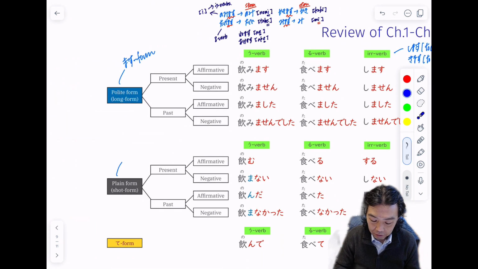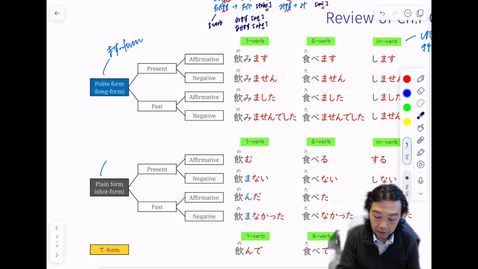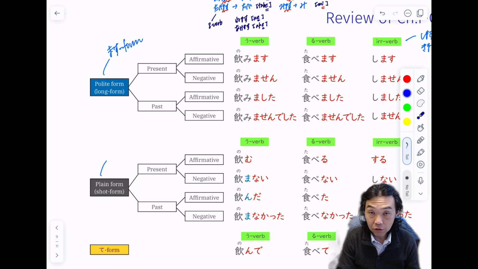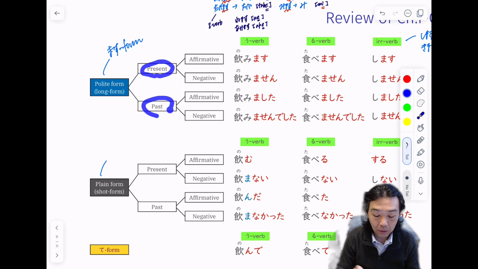So going back to the forms, we talked about the two forms, the polite form and plain form, and each form has present and past. If you remember, in Japanese there's no future; all futures are embedded in the present. So some people say this is non-past or past. It's not only about the present, it includes everything other than the past.